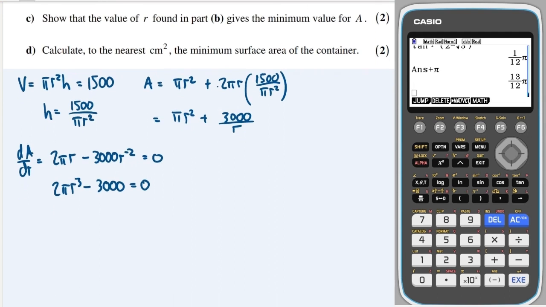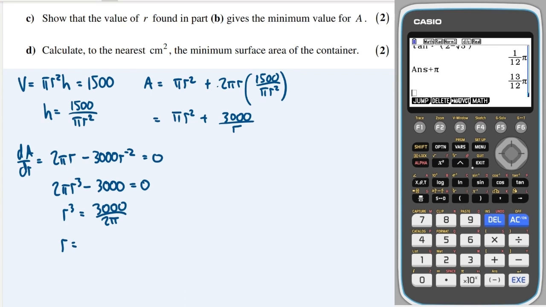I'm then going to move everything over to the other side, so I'm going to get 3000 divided by 2π. So r is equal to the cube root of 3000 over 2π. So that's the calculator job.